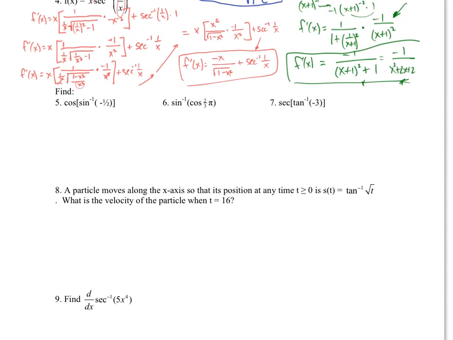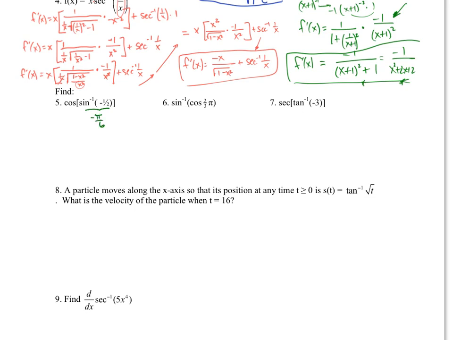All right, so let's take a look at this next one. This is the cosine of the inverse sine of negative 1/2. Well, first we're going to work this one inside out. So going inside out, let's find what this is. The inverse sine of negative 1/2 is negative pi over 6.